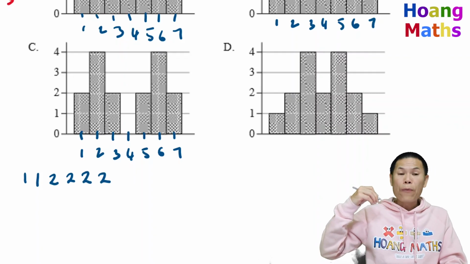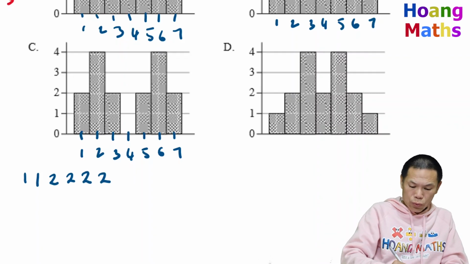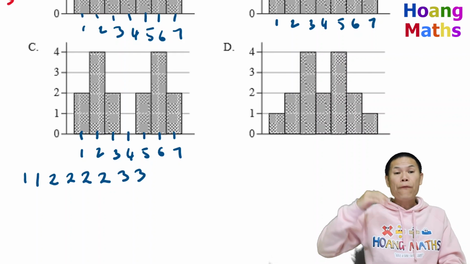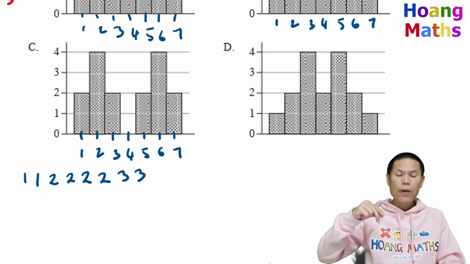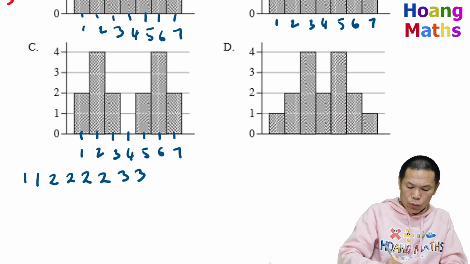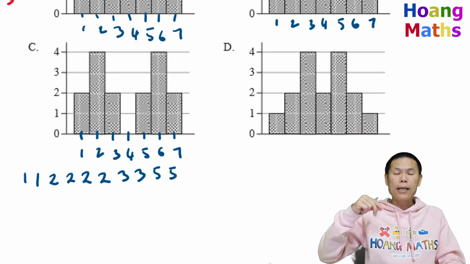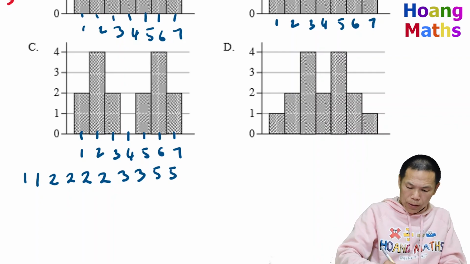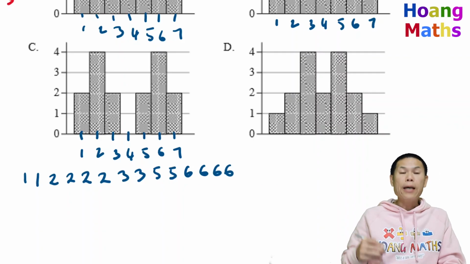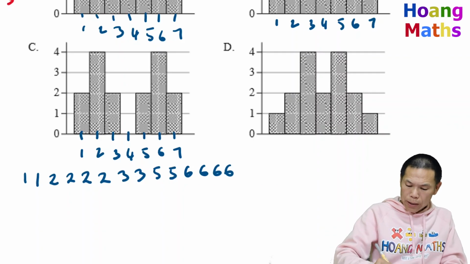The score of 3 has a frequency of 2, so 3, 3. 4 has a frequency of 0. 5 has a frequency of 2, so 5, 5. 6 has a frequency of 4, so 6, 6, 6, 6. And 7 is twice.